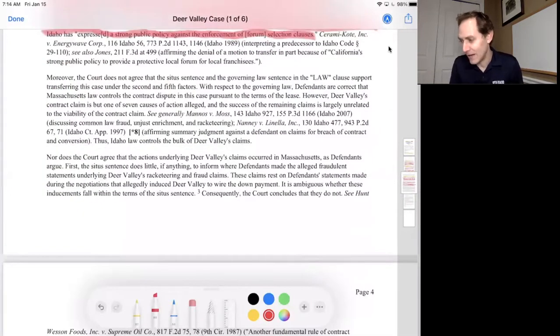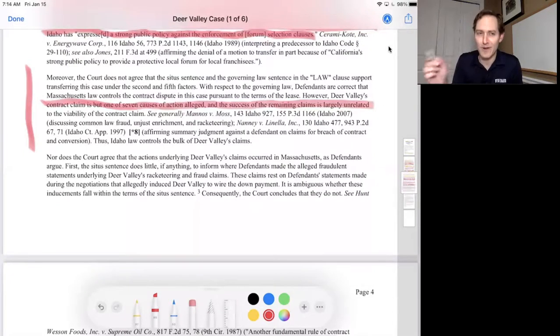Yeah. And then, and this is important. Okay. It's this paragraph here. So we just talked about that. However, Deer Valley's contract claim is but one, of seven. And the remaining claims are largely unrelated to the contract claim. So yeah, the contract claim, Judge Windmill says, that's Massachusetts law. We can read that and figure it out.